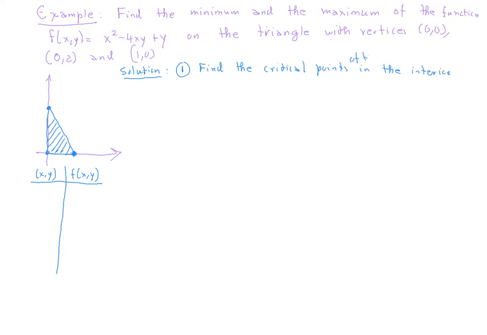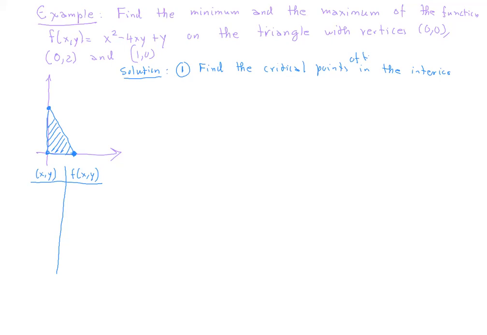And let's try to understand why this makes sense. If you have a minimum and a maximum, they might occur either on the boundary or in the interior. And that's actually something that we discussed in passing last time.